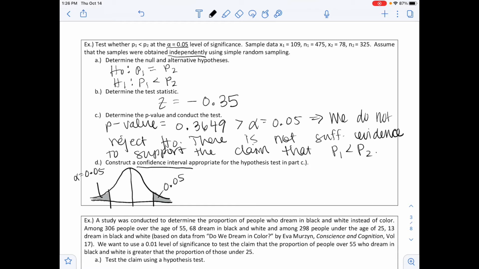So that means that that center part that's in between those alpha values is going to be my confidence level. And since the total area under the curve is 1 minus 0.05 minus the other side, which is 0.05, that would equal 1 minus 0.10, which would make this 0.90 in the middle. So our C level, which is what the calculator calls it, or our confidence level, will be 0.90.